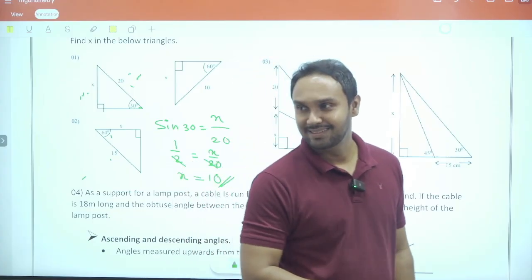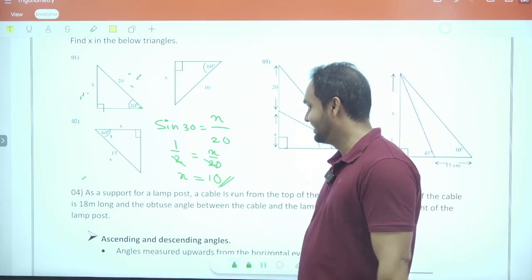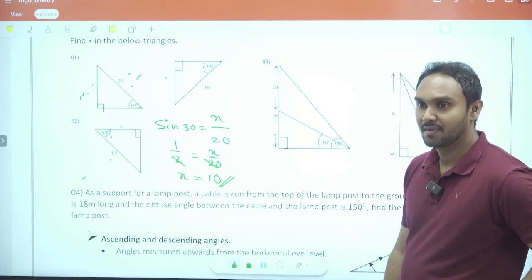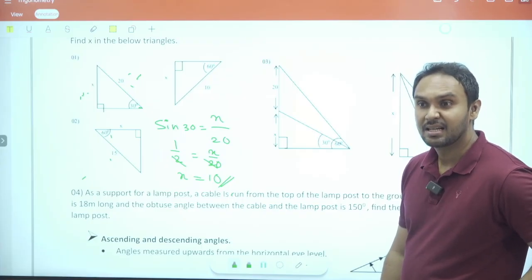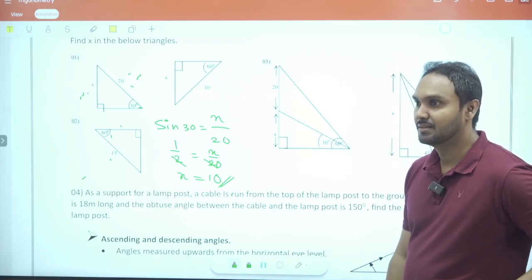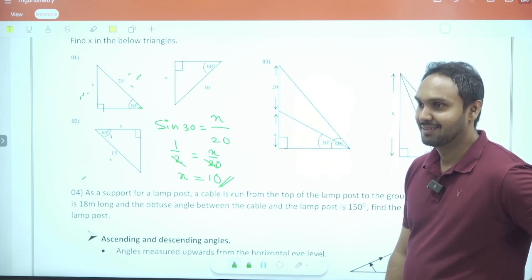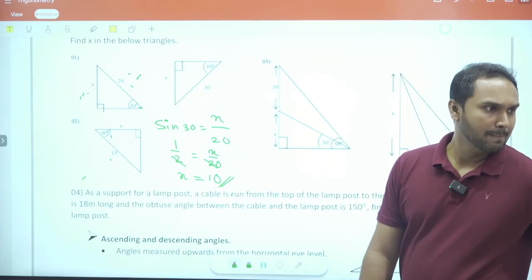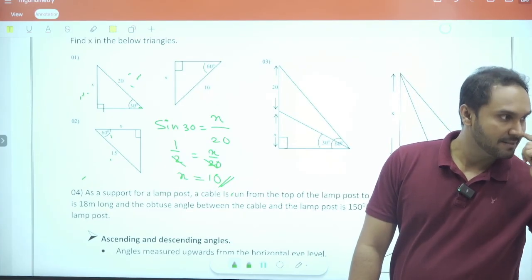And the second one, what is the answer? 7.5? What do you say? What is the answer? No one said?